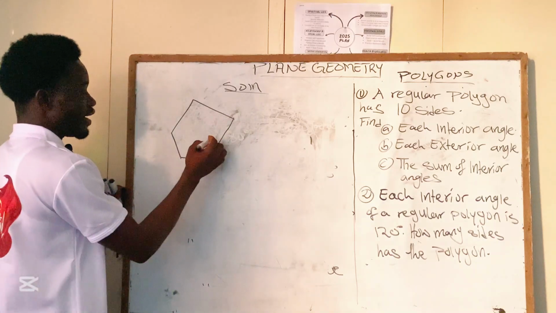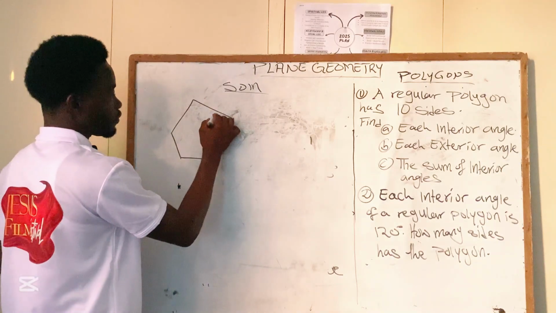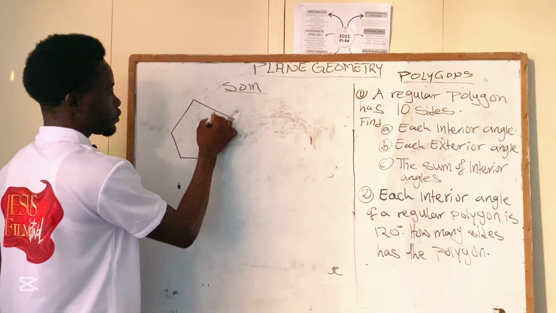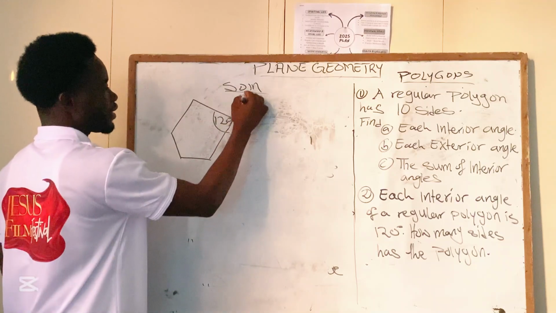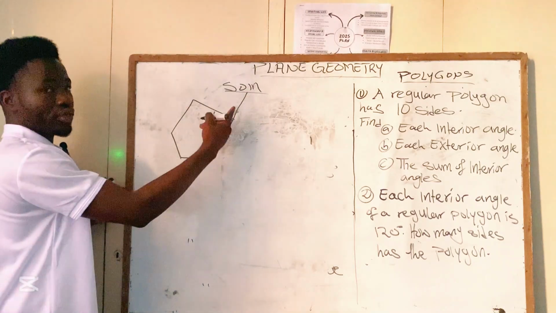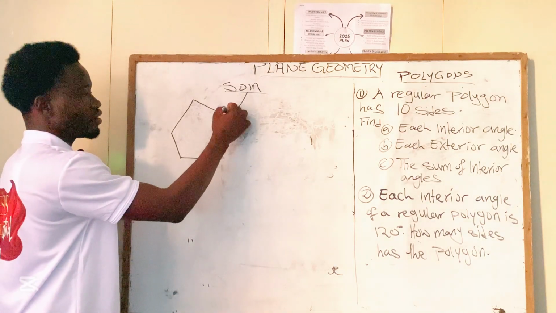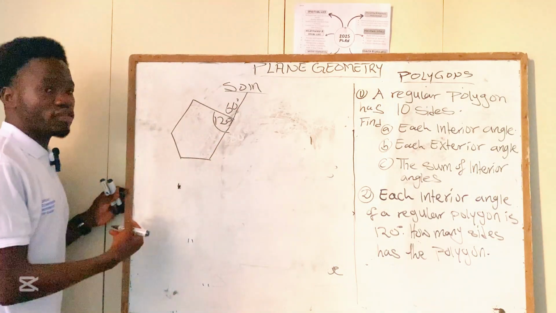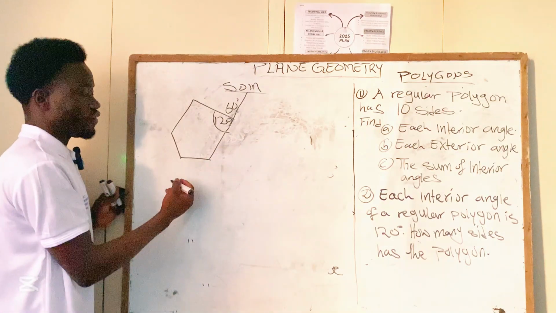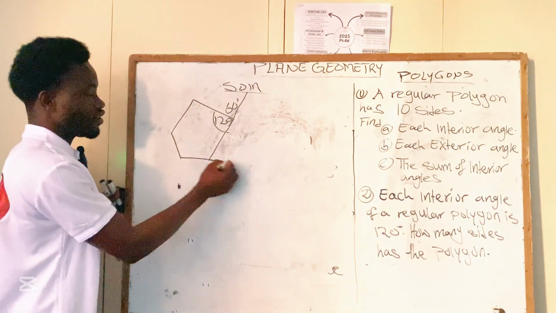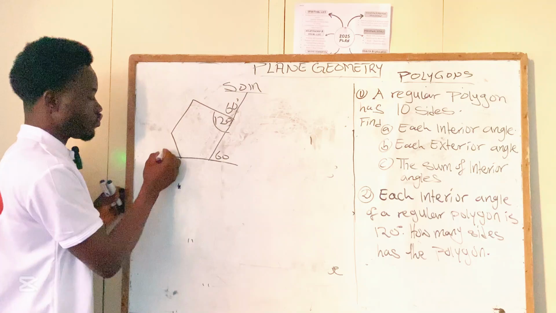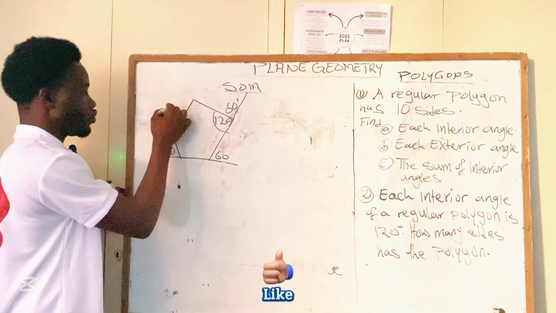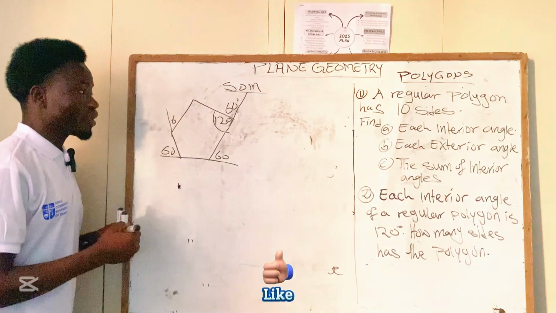And the interior angle, each of them is 120. So it means that the exterior angle here, on a straight line, should give me 60 degrees. So when I sum them, it should give me 180 degrees. So all of that will always give me 60. So here's also 60, and here's also 60.